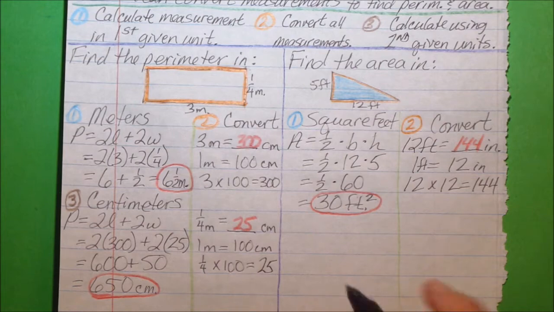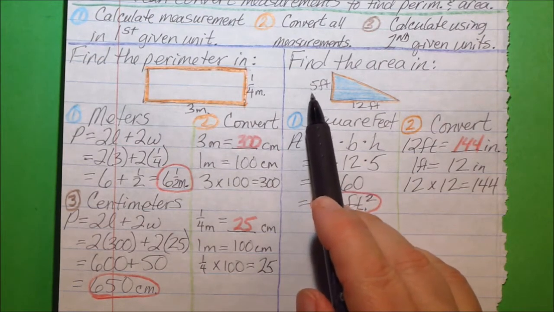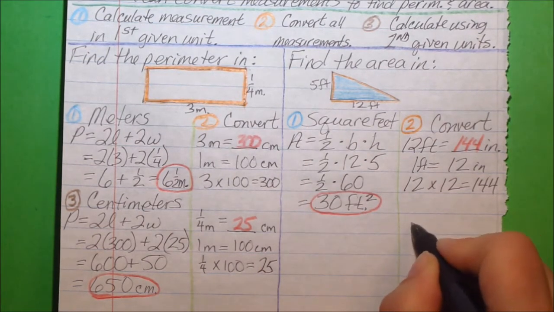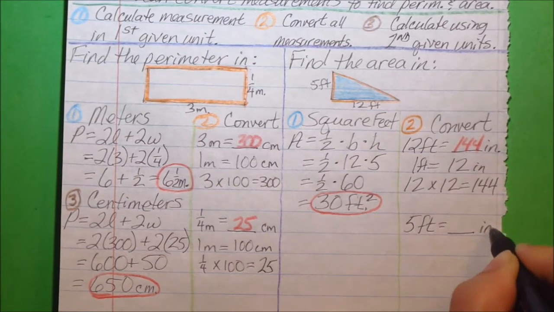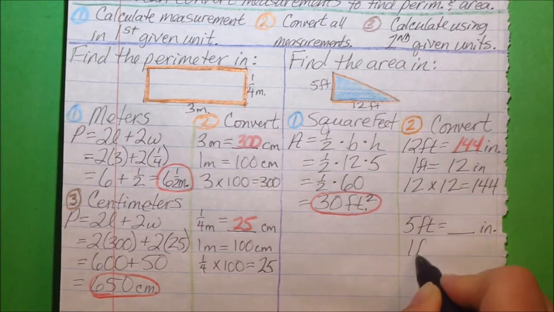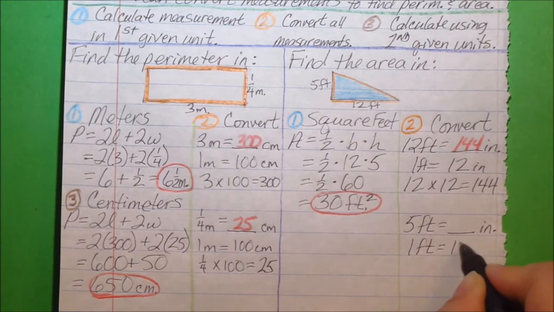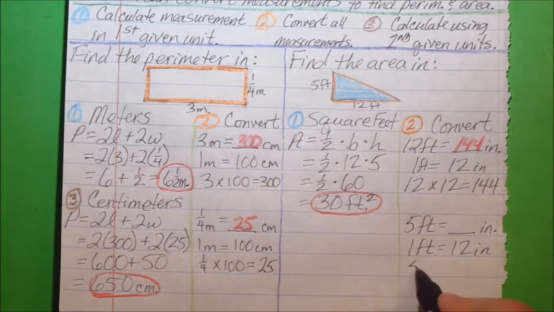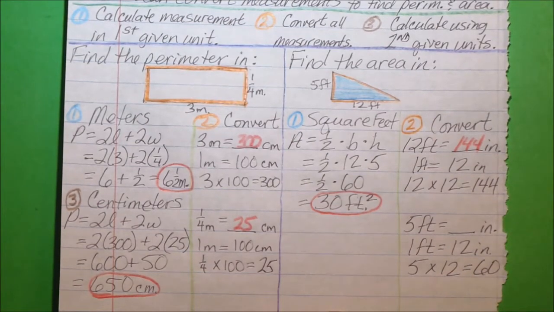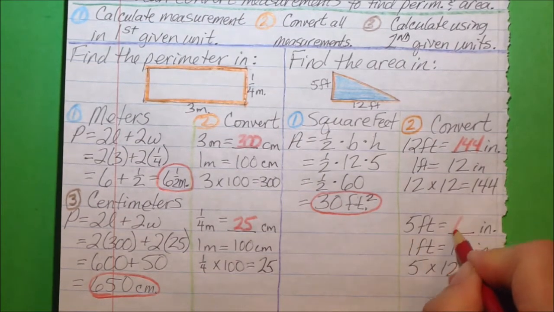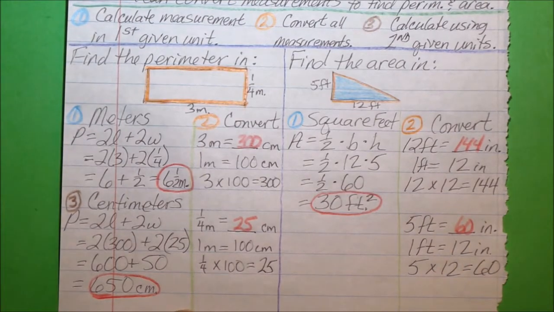All right, my second measurement I have to convert is this 5 right here. So 5 feet equals how many inches? Well, I know that 1 foot equals 12 inches. I know I'm going to multiply, so I'm going to multiply 5 times 12, which equals 60. So 5 feet equals 60 inches.